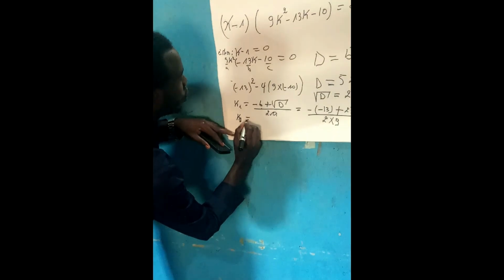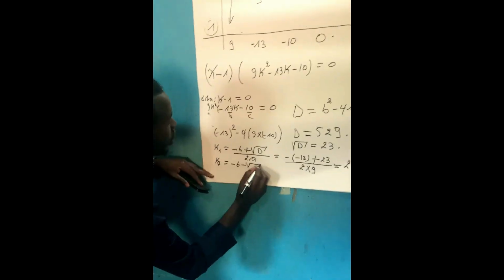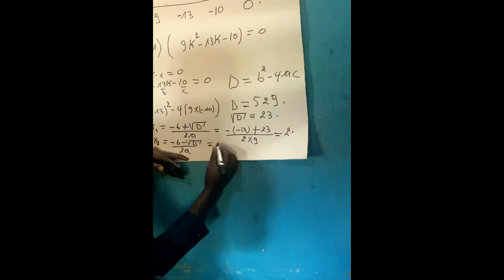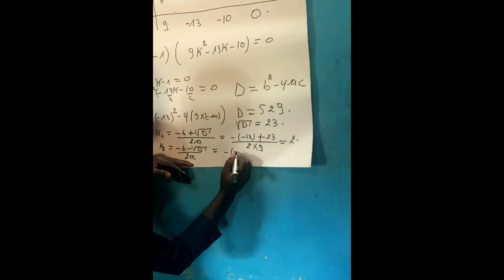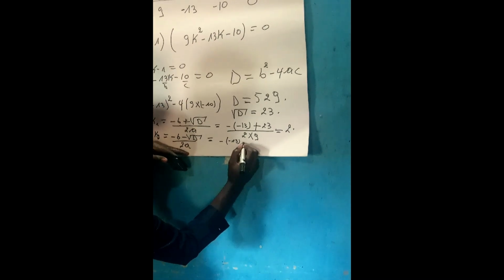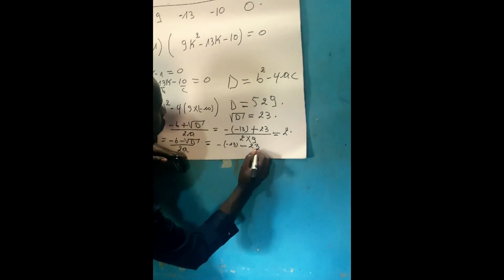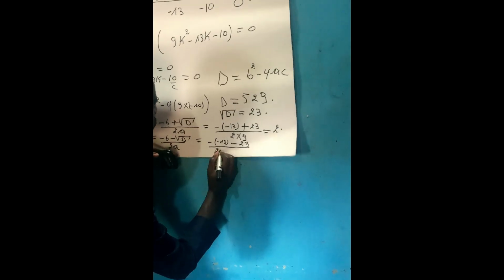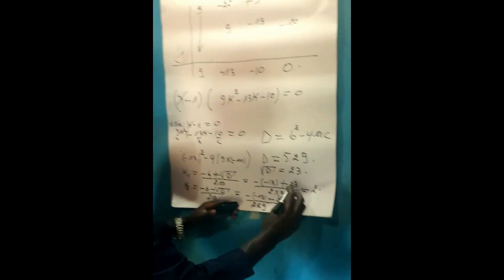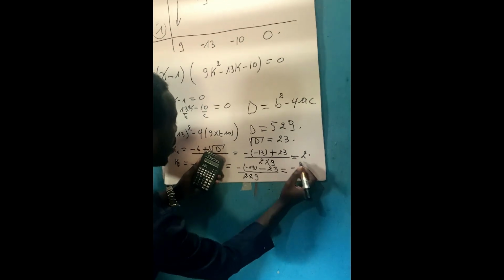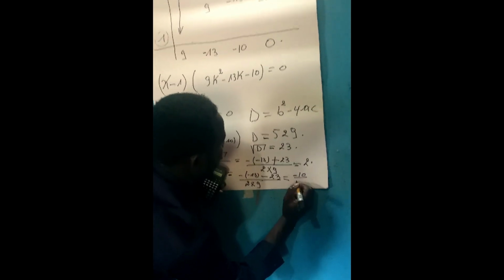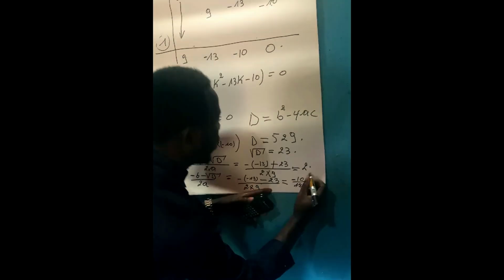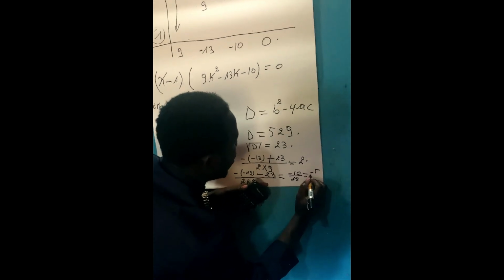K2 is equal to minus B minus root of delta over 2A, which is equal to 13 minus 23 over 2 times 9, which is equal to minus 10 over 18. Once simplified, we remain with minus 5 over 9.